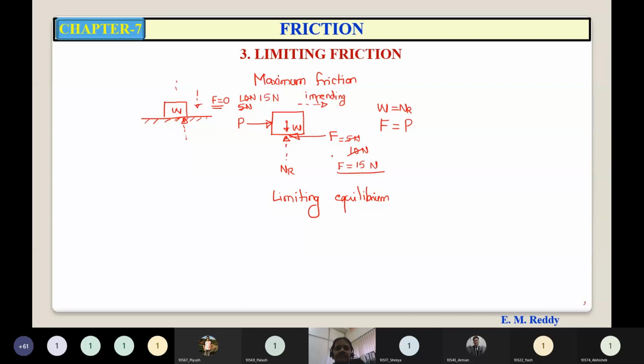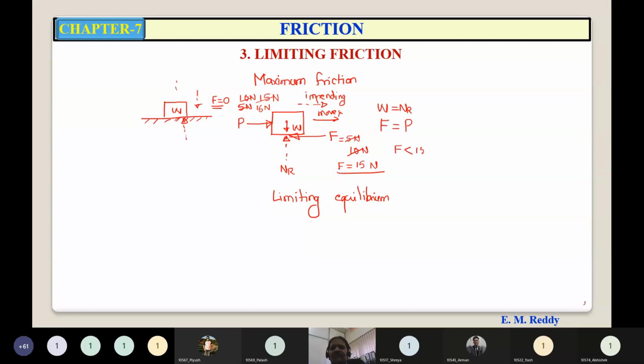Now further, if I increase the force to say 16 Newton, then what happens to this body? The body moves. Am I right? When it is 15 Newton, it is about to move. When I increase to 16 Newton, the body moves. Once the body moves, the magnitude of the friction force decreases.